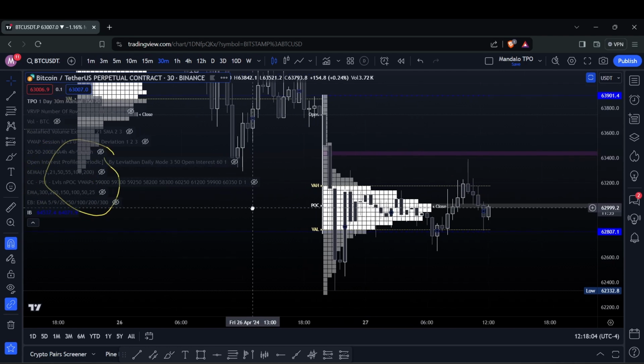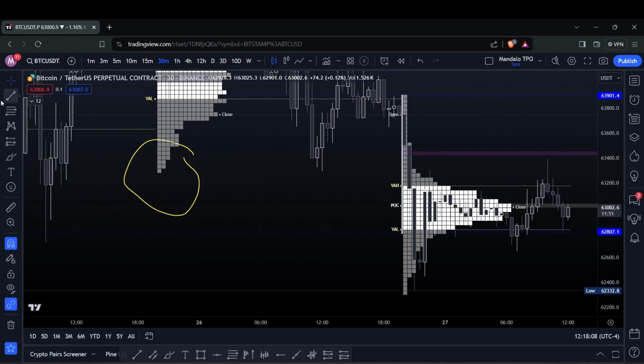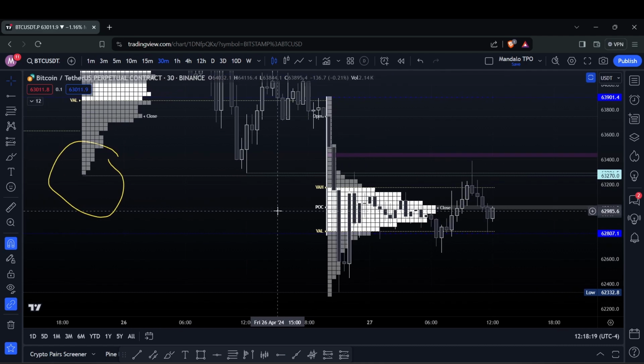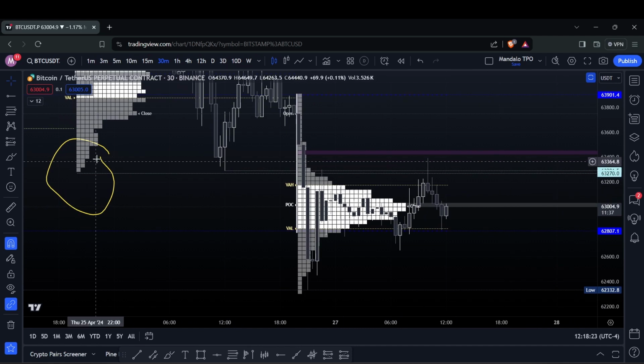Okay, and that area that we had identified as being our poor low was repaired. Okay, so that was unfinished business.